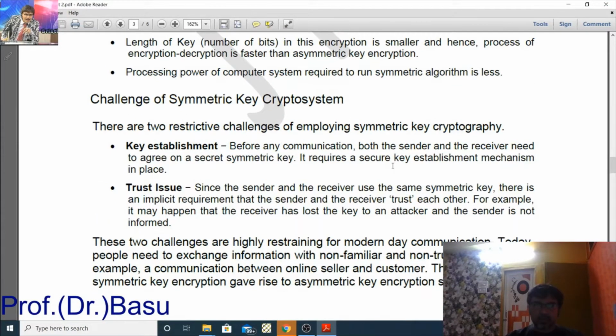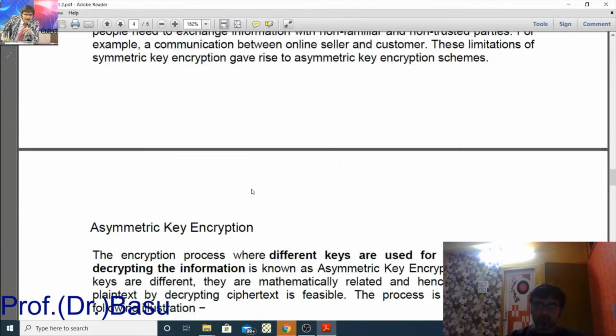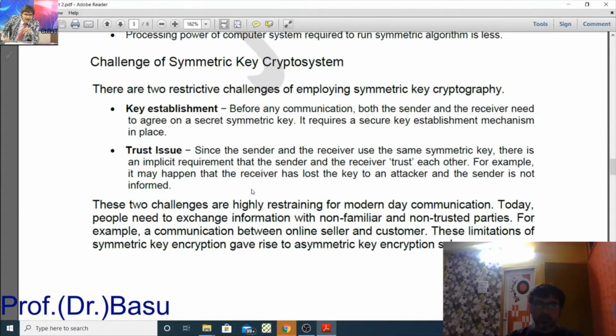The challenge of the symmetric encryption system is key establishment and the trust issue. The trust issue involves one thing more, which I think is not mentioned over here. Whenever we are talking about the key, who is the authenticated body to generate this key? That body must be reliable, and it must be a government authorized body.